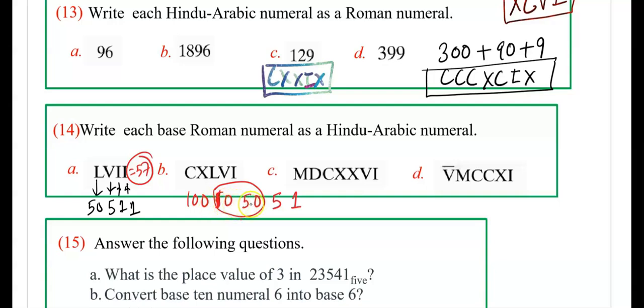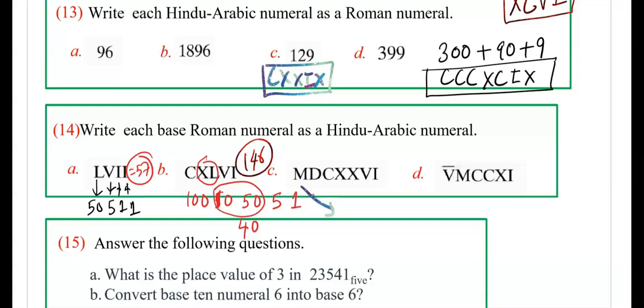Therefore, XL gives you 40. Makes sense? Now you add 100 with 40 and 5 and 1, and that gives you 146. That makes sense?